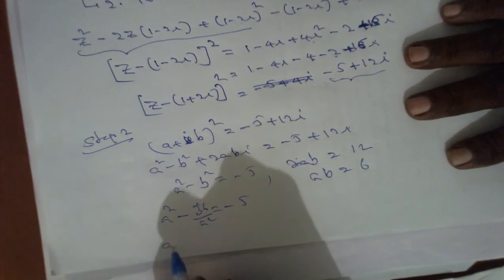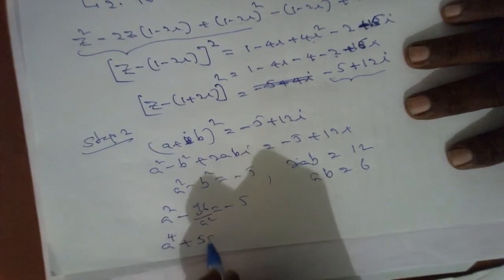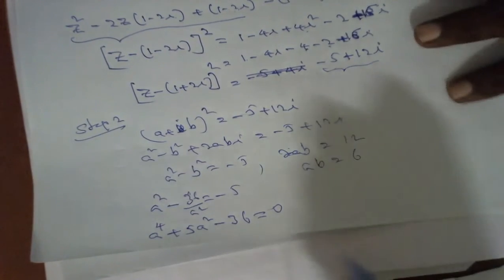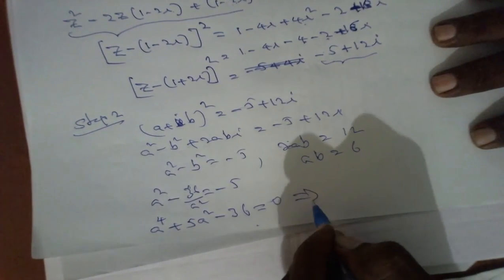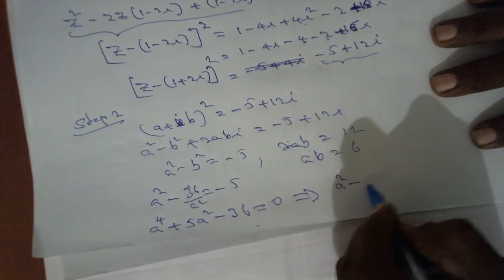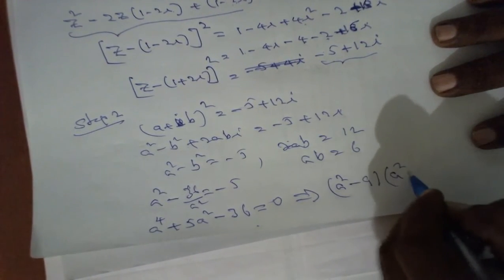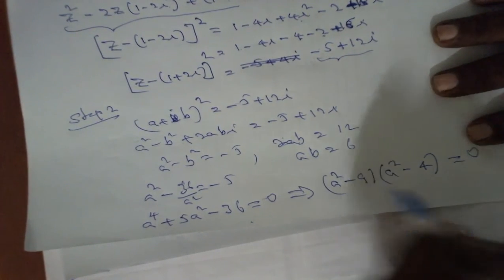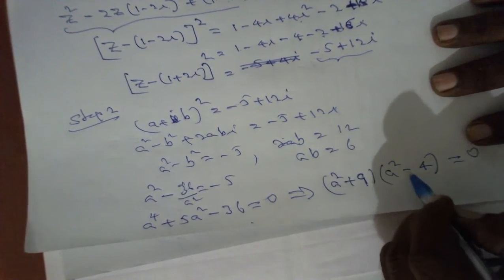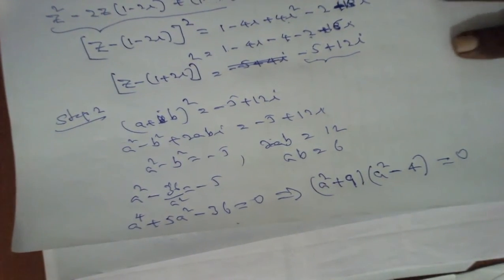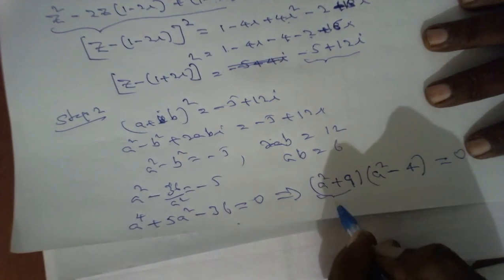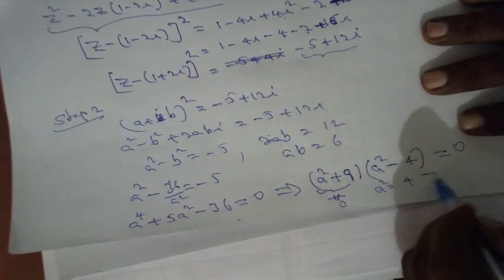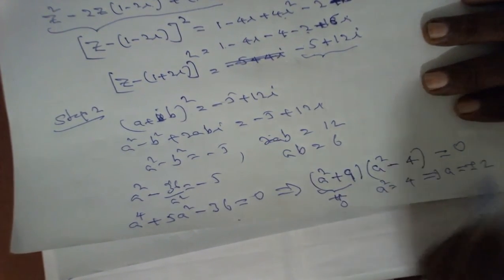So you have a to the 4 plus 5a squared minus 36 equals 0. So you can factorize this. (a squared plus 9)(a squared minus 4) equals 0. Here plus 9, minus 4, like that. Now a squared plus 9 is not equal to 0. Therefore a squared equals 4, a equals plus or minus 2.